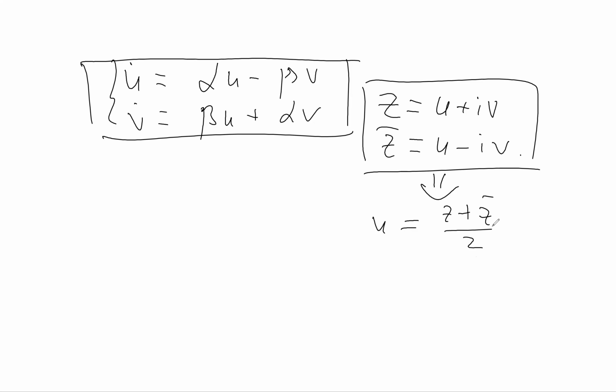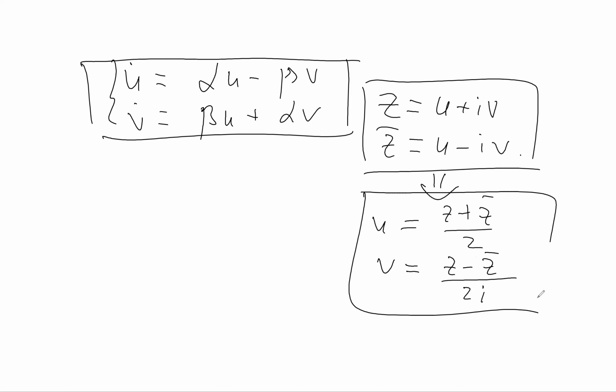If we subtract one from another, we have 2iv. Therefore, v equals z minus conjugate of z divided by 2i. I think it's correct. This is what we get after the substitutions.